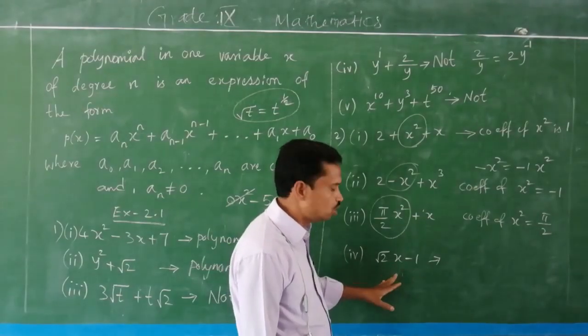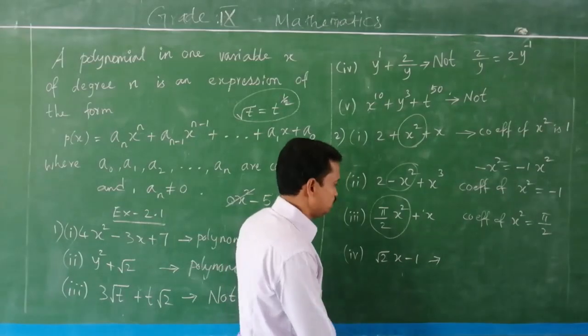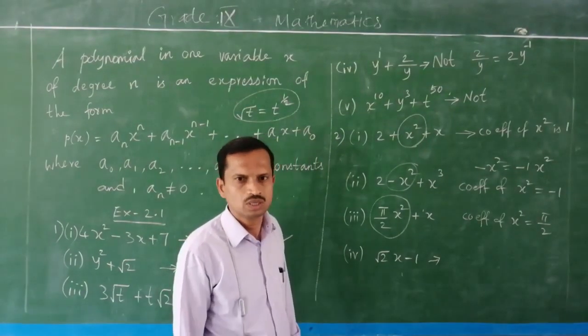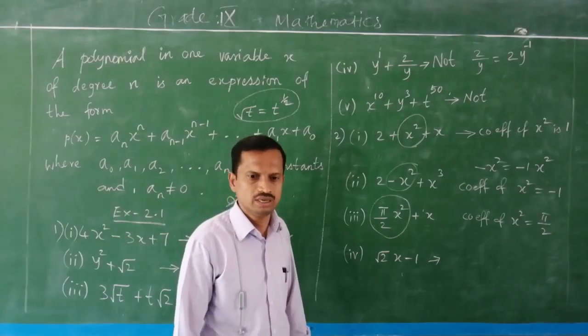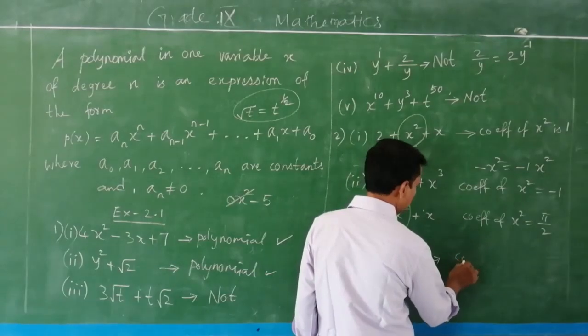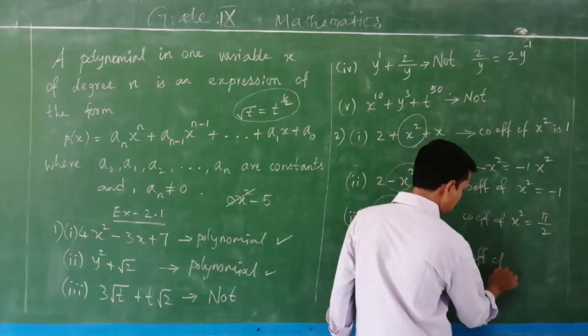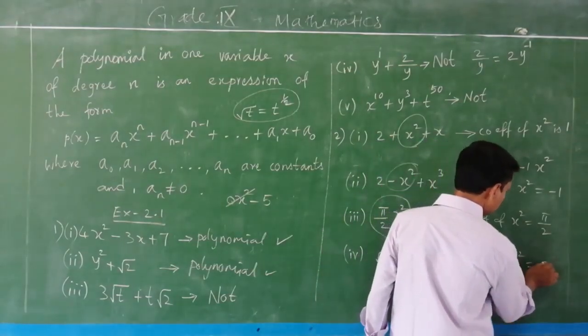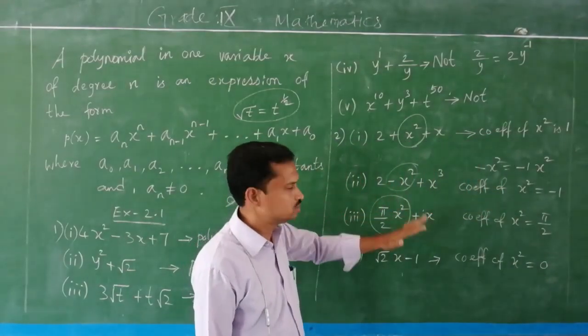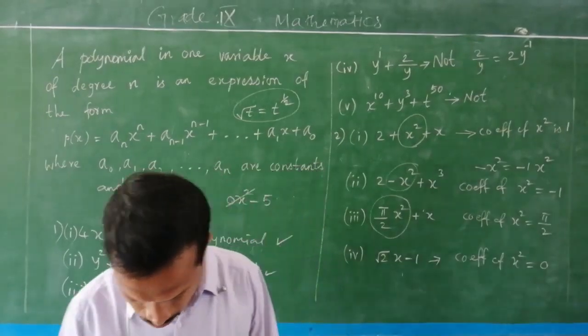If there is no x square term, we cannot say there is no coefficient. So what is the coefficient? 0. The coefficient of x square is 0 because there is no x square term. So this is the way to answer this question.